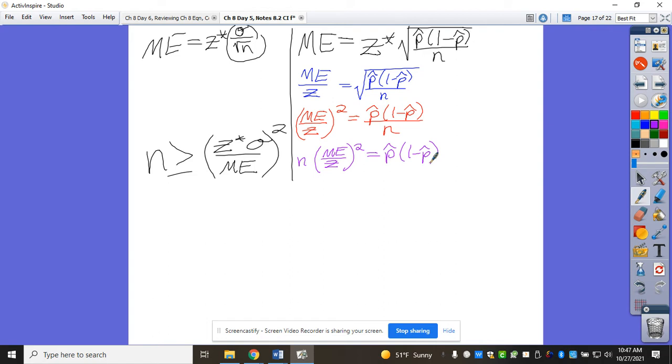Divide by this whole part right here. So we end up getting that. So what you definitely have to write is our lowercase n needs to be greater than or equal to p hat times 1 minus p hat divided by margin of error over our z, just that section squared.